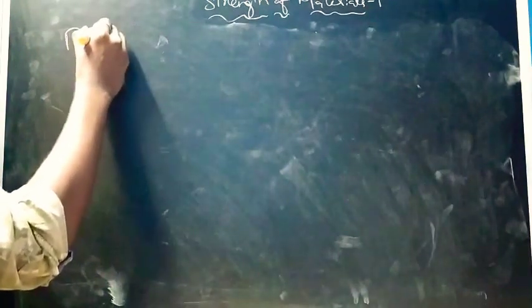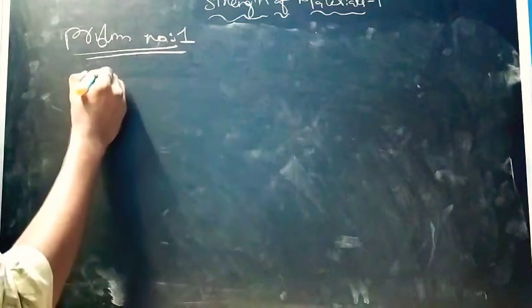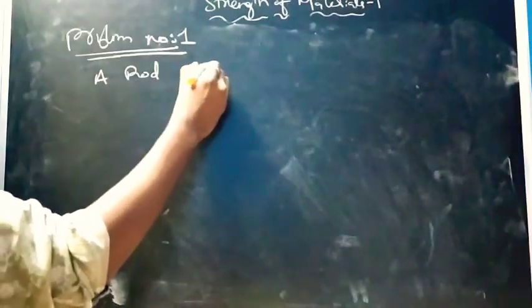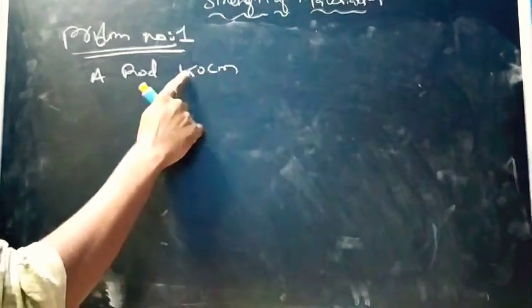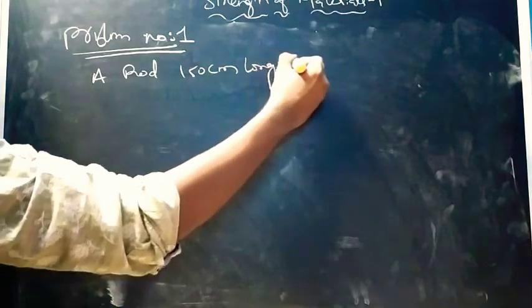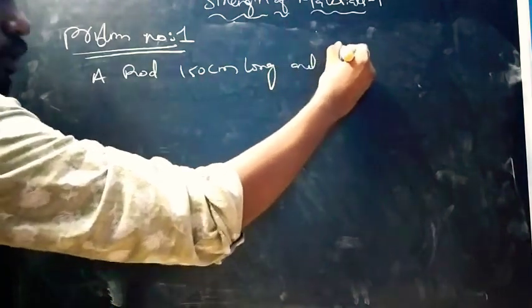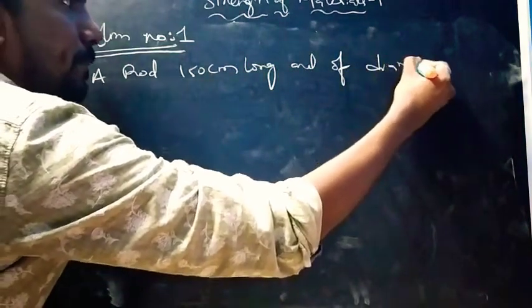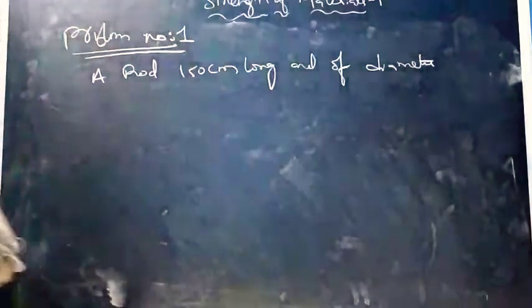So let's say problem 1. A rod 150 centimeters long and of diameter, now how much diameter is given?